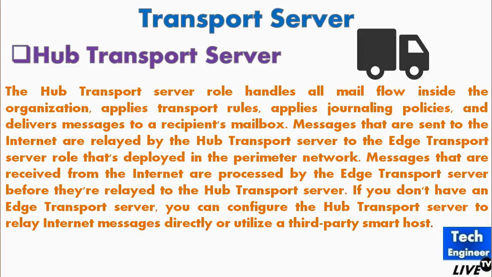Otherwise, if you do not deploy the edge transport server, the message can still be sent through the internet, but that is not the trusted way. But that is another way.